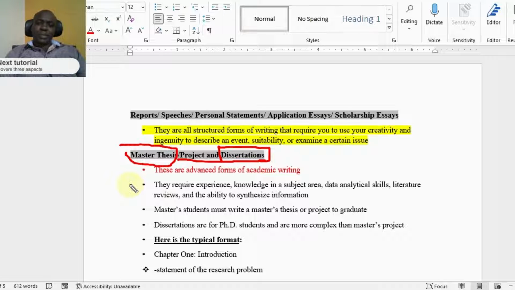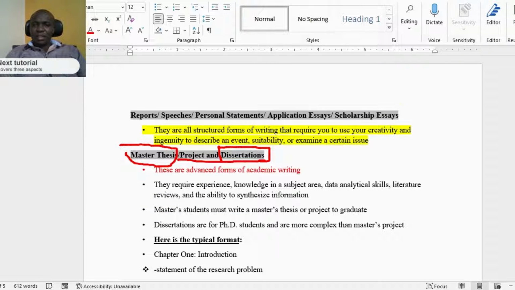These two papers regularly require a high level of experience, subject understanding, data analytical skills, and some competencies in literature review, and to a greater extent, a high level of information synthesizing, as they have almost the same structure.